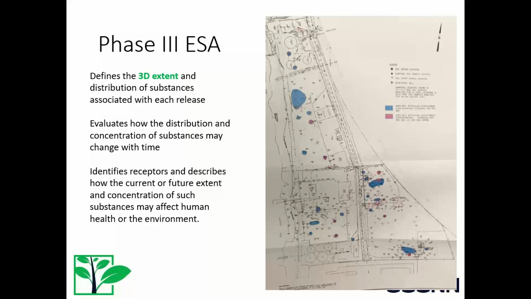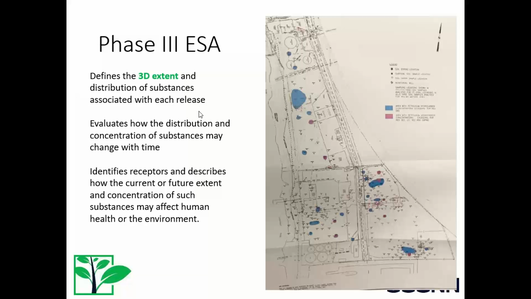And we also want to see, in many cases, how this distribution and concentration of those substances change with time. So there might be samples taken at different times. So essentially, think about a phase 3 investigation as the full delineation of the site with respect to the extent of the contamination present.